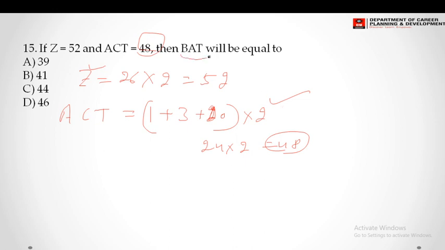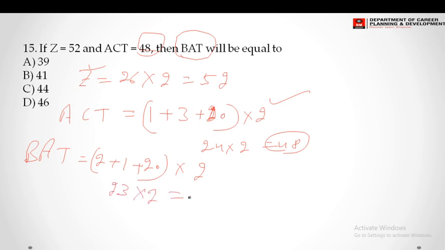So we have to apply the same concept on this word, bat. First write down B A T. So B is 2, then plus 1, plus 20, then multiply by 2, which means 23 multiplied by 2. So the answer will be 46. So option D will be correct. 46 will be the answer of this question.